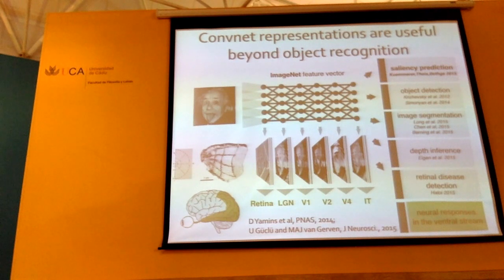So I expect that similar representations emerge in any kind of vision system that tries to efficiently do visual inference. We're not excluding that there might be a few completely different ways, but the complexity of the task is a strong constraint on the systems.